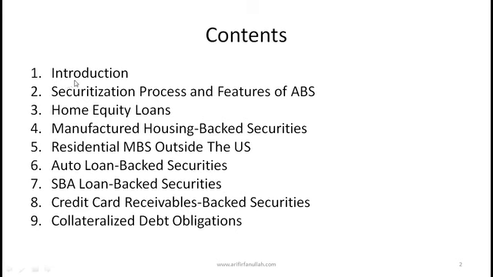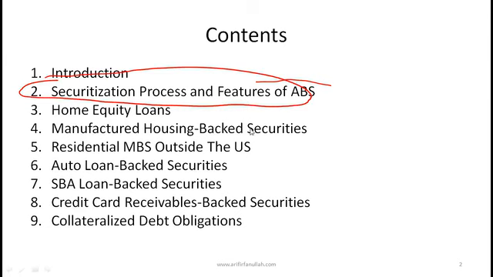But rather than getting hung up with all the details, what we really need to do is understand this section 2 securitization process and the overall features of the asset-backed securities. This is a critical segment.